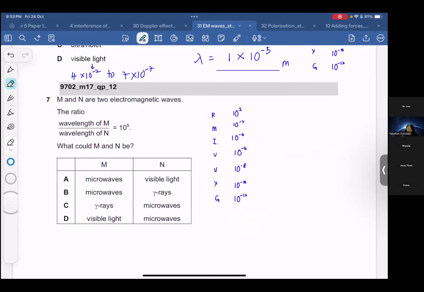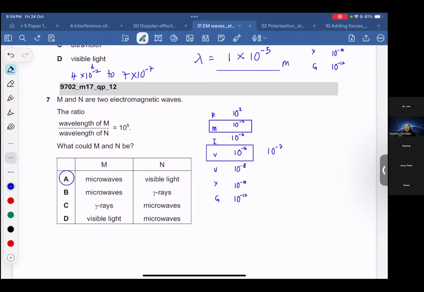Okay, boys and girls, here your answer should be A. Microwave and visible light. You see, microwave and visible light. So you are negative 2, negative 6. This one can be negative 7.